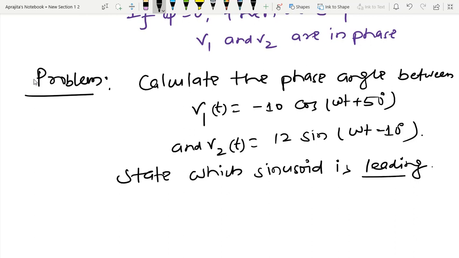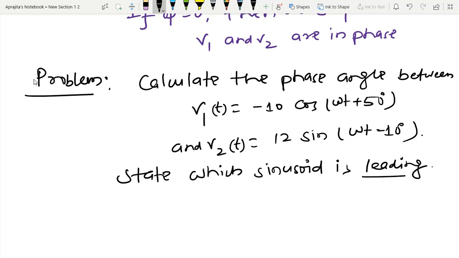In this particular problem we have two different classes of sinusoid: one is a cosine function, another is a sine function. You can also see that the amplitude of V1 is negative, however V2 is positive.